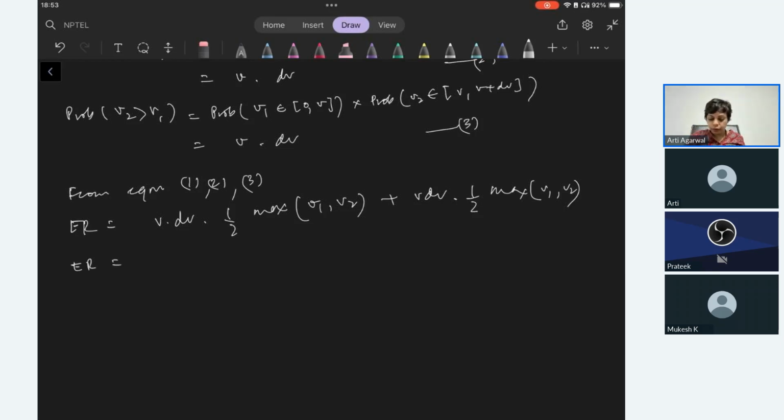Instead of V1, V2, we can just reduce this to 2V dV into half max. Oh, sorry. This 2 cancels out, right? So what do we get? Did I miss something? No, we got the same value.